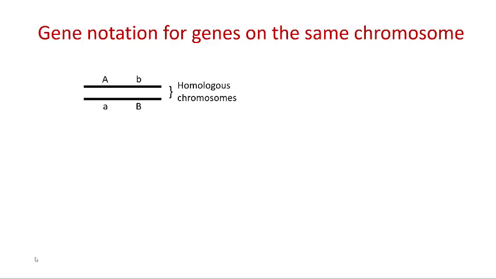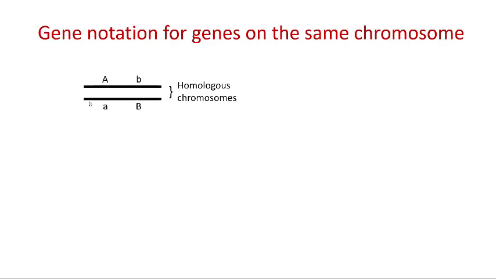Now, it can get pretty complicated keeping track of which are parental types and recombinant types. And so we use a particular type of notation, which we call linkage notation, to indicate which genes are together on the same chromosome. So here is a situation where you have two genes on the same chromosome, the A and the B genes, and these two chromosomes are homologous to each other.